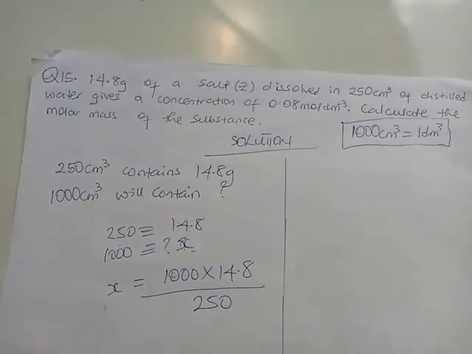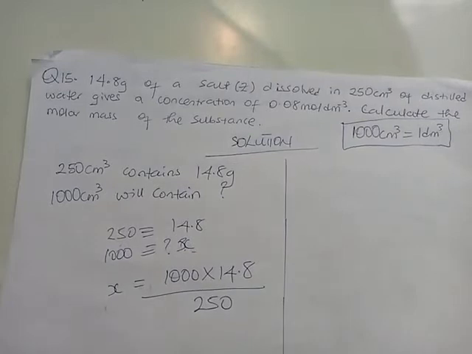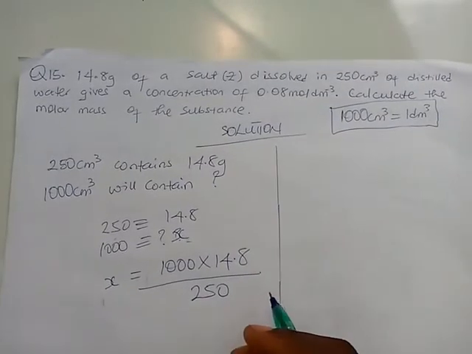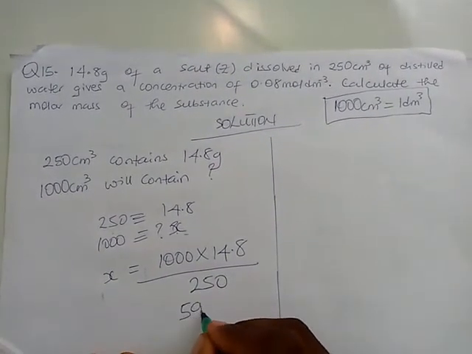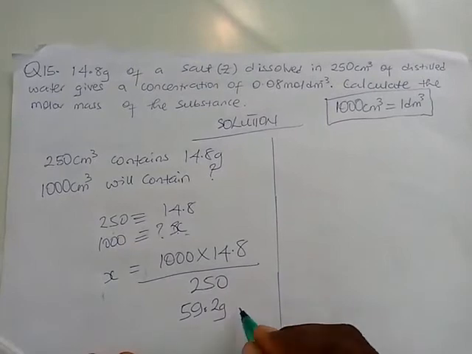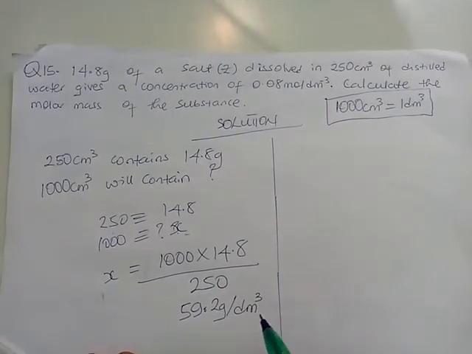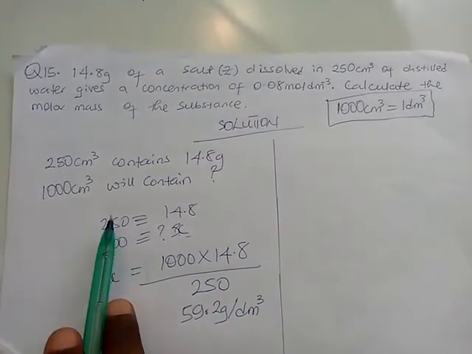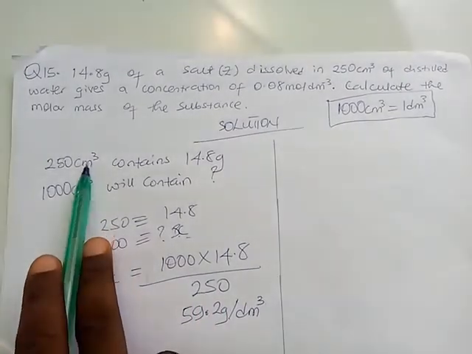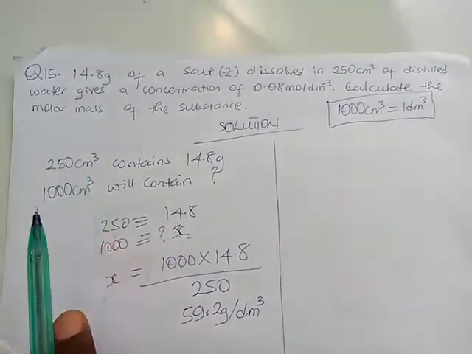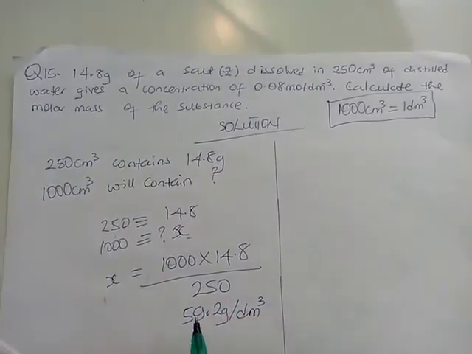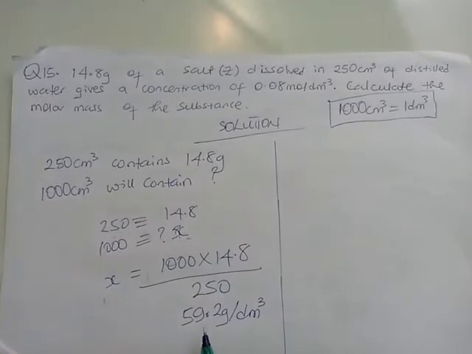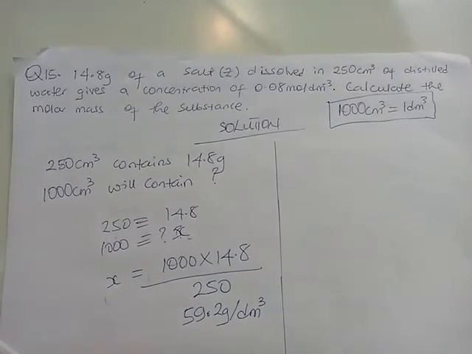That will give us 1000 times 14.8 per dm cube. Because by doing this, we have converted this volume from cm cube to dm cube. And then we'll have grams. So what we'll have here actually is 59.2 gram per dm cube.